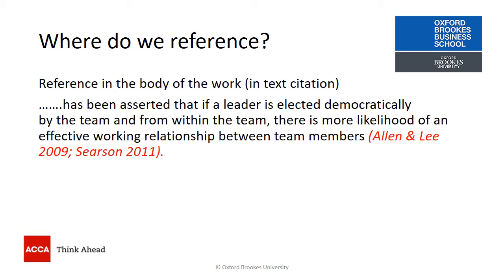They are the authors of the information that I'm referring to here about how leaders work in teams. And that is where we have paraphrased. So we've read the work of Allen and Lee and Searson, we've taken their ideas, we've written it in our own words. That's called paraphrasing, but we need to acknowledge that the idea came from Allen and Lee and Searson. And that's one of the ways that we can reference in our work.